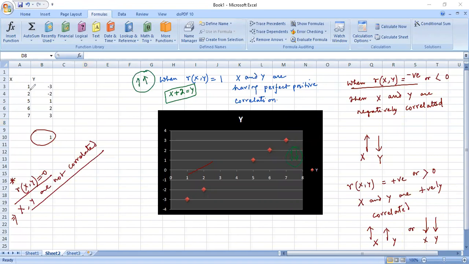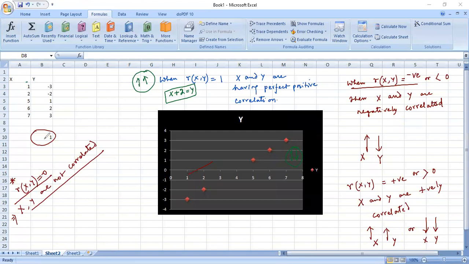Here X is 1 and Y is -3, 2, 5, 6, 7. Now this is increasing, but that is also maintaining the linearity between the two. The linear nature of this and the linear nature of this are actually the same.